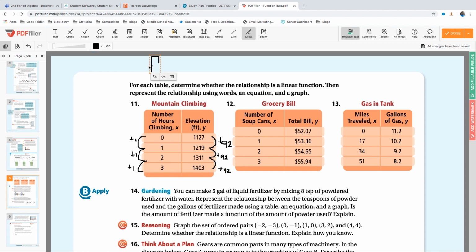Now, in order for me to write the function rule, I have to start off with this equation, f of x, which simply means function of x. So f of x, and then we have a box here, and we're going to place the letter x. And then I'm going to put the plus sign and create another box.